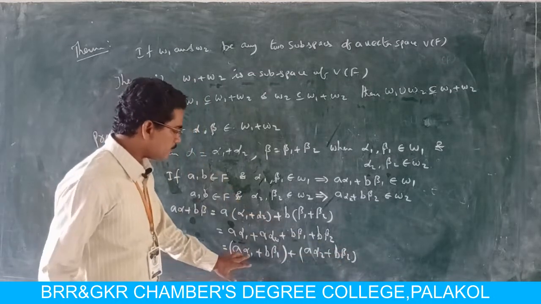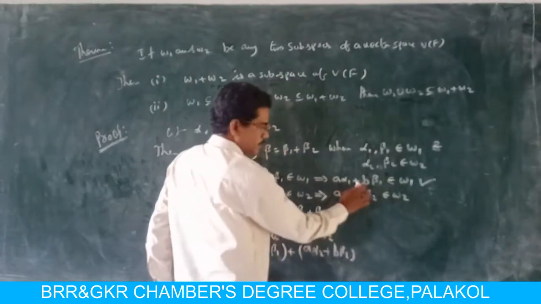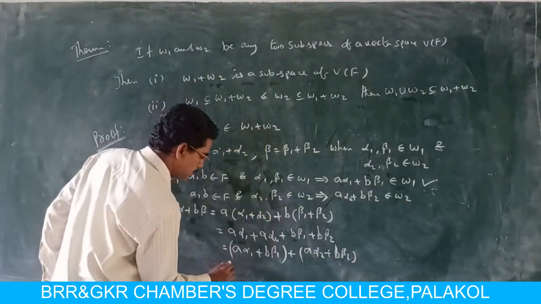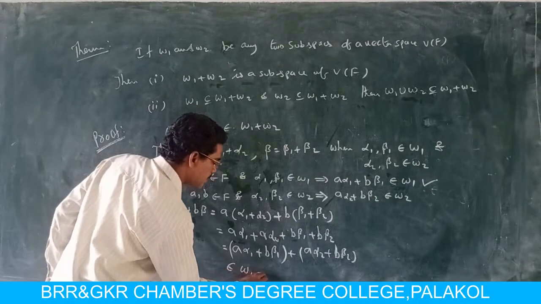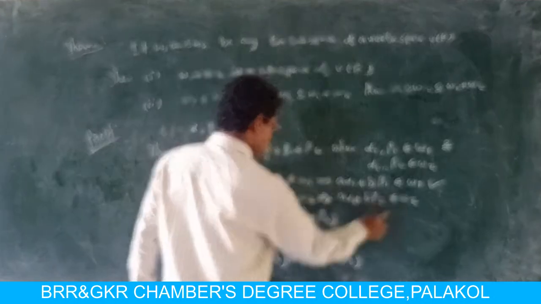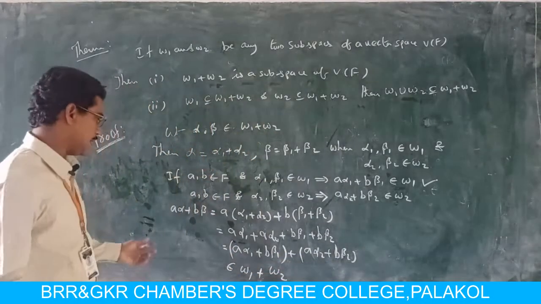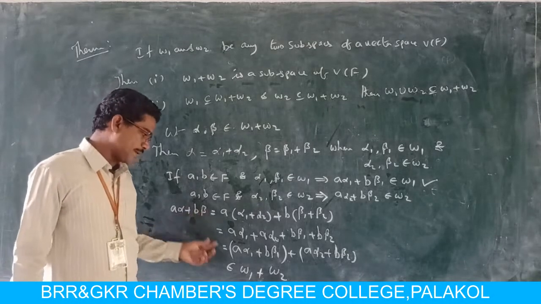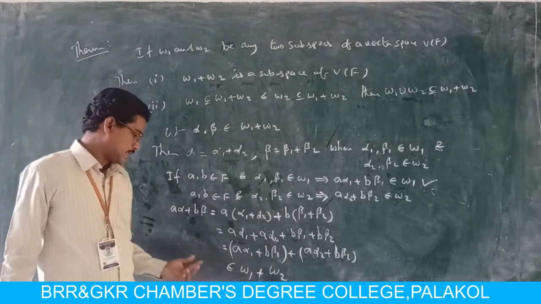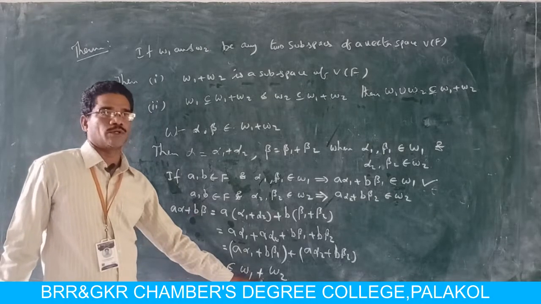Here a alpha 1 plus b beta 1 belongs to W1, plus a alpha 2 plus b beta 2 belongs to W2. So therefore, finally, a alpha plus b beta belongs to alpha 1 plus alpha 2.